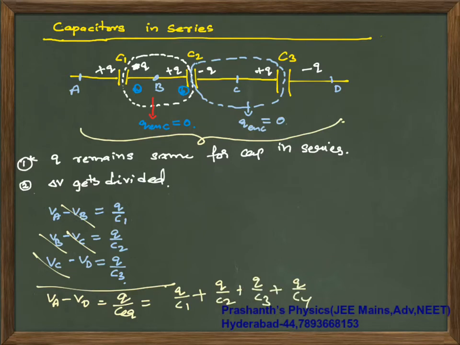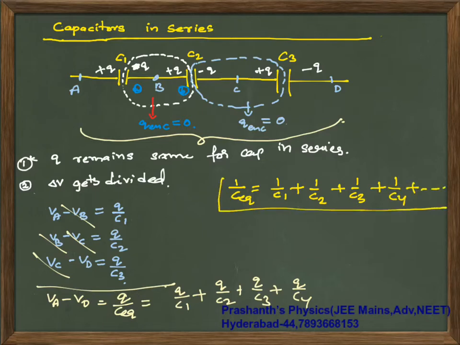As a result, 1 by C equivalent is equal to 1 by C1 plus 1 by C2 plus 1 by C3 plus 1 by C4 and so on. So this is your equivalent capacitance in series. Now this result is exactly the reverse case of resistors.